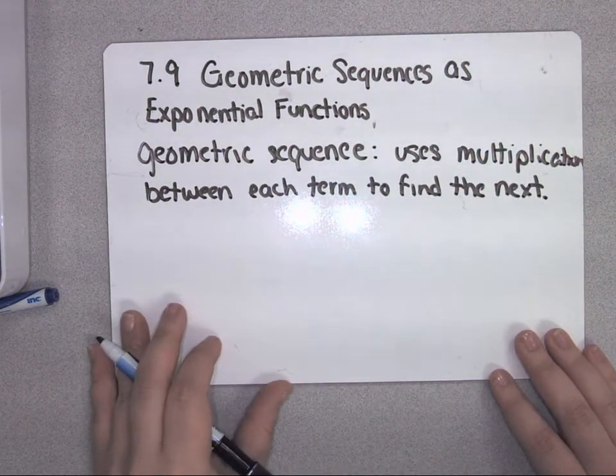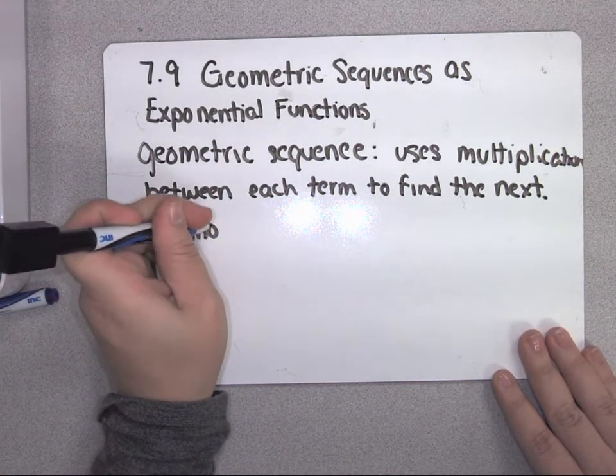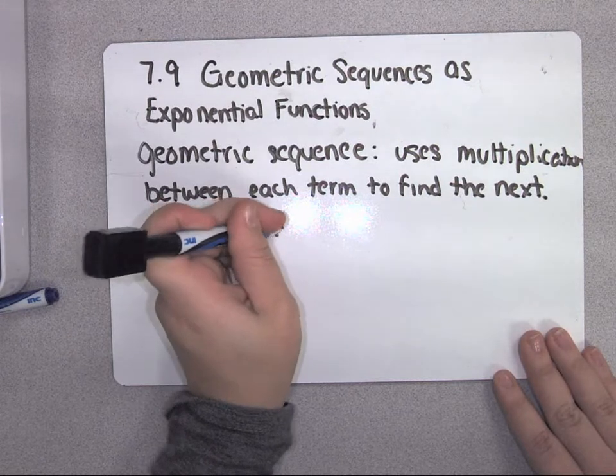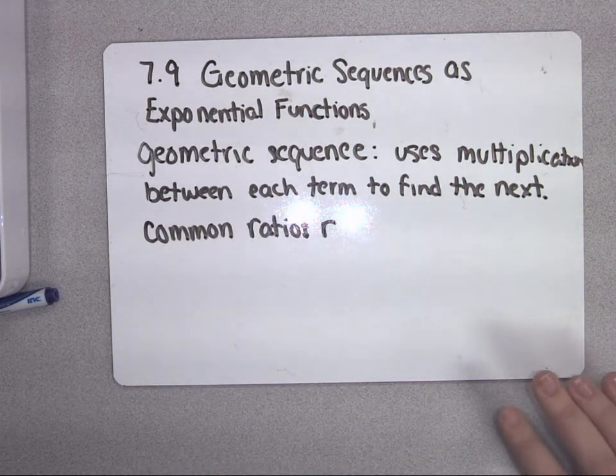We have this other set of words, it's called a common ratio. We represent it with the letter R.